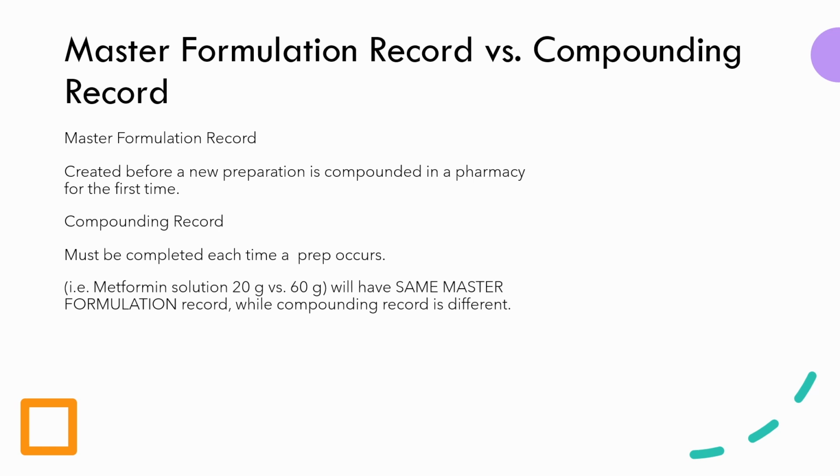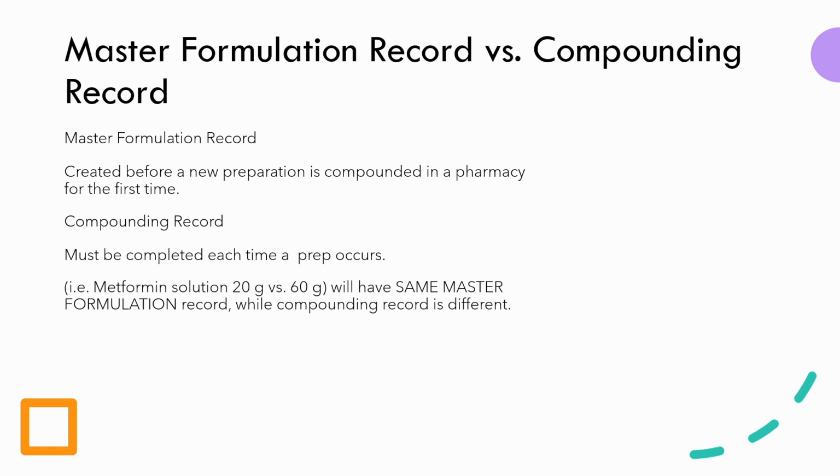You're also going to put the beyond use dates, how much of the product you made, the pharmacist who verified what you created, and the person who created the particular compounded product, things like that.